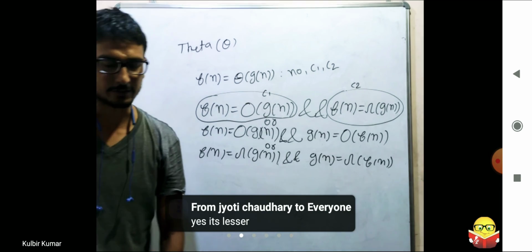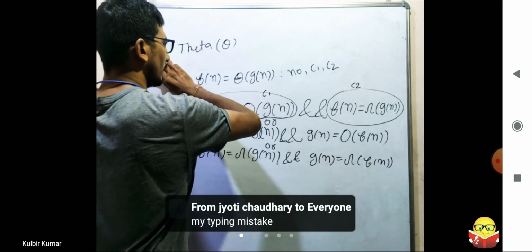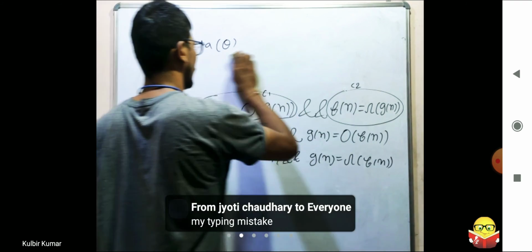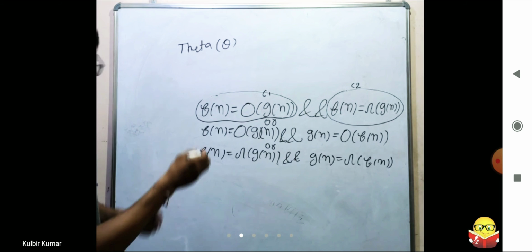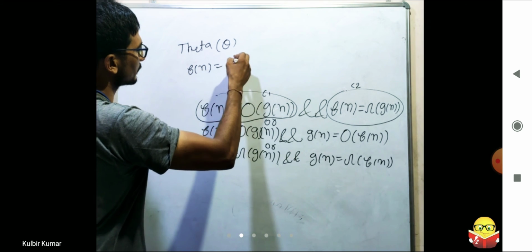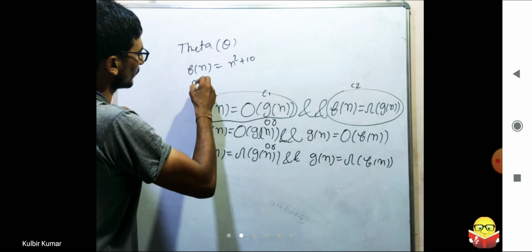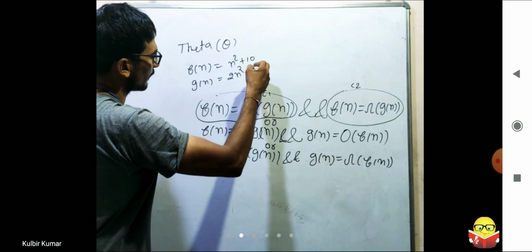Okay, so I'm just going to take one example. Let us take function f of n is nothing but n square plus 10 only, and function g of n is nothing but 2n square plus 3n.